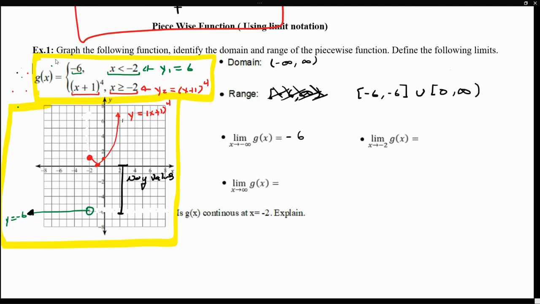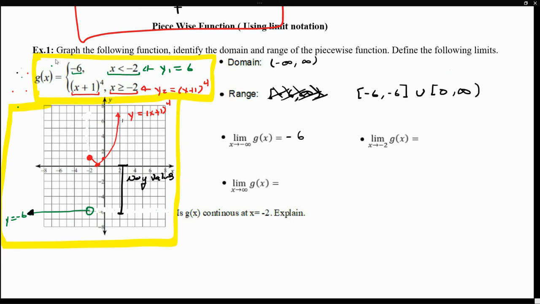So what happens to this function as x is going to positive infinity? So what happens to this piecewise function as I'm moving farther and farther to the right, or x is increasing in value? Well, let's look at it from the opposite direction, which is from the left. If I'm moving from the left going towards the right, I'm going to be on this function. But once I get to -2, I'm going to jump to the other function. I'm still going to be moving farther to the right-hand side.